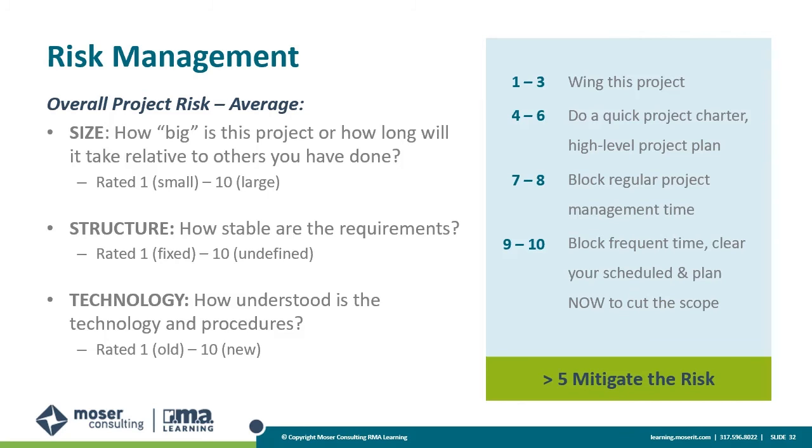Structure is the stability of the requirements. How stable are they? Are the requirements for the day of caring shared, and is everyone involved? Well, maybe not. So let's call the risk for this one 5 out of 10. And then finally, technology. And technology usually includes wires, processes, but also methodologies and compliance, and even sometimes people.